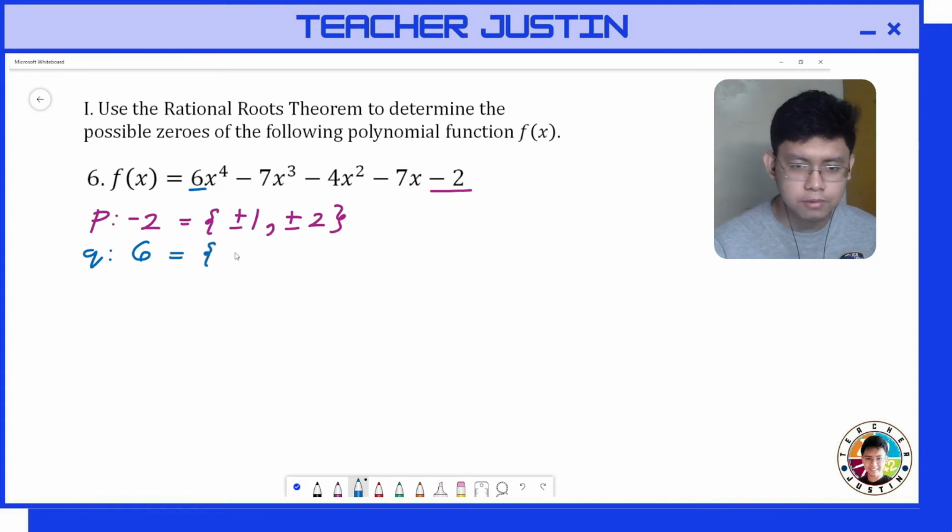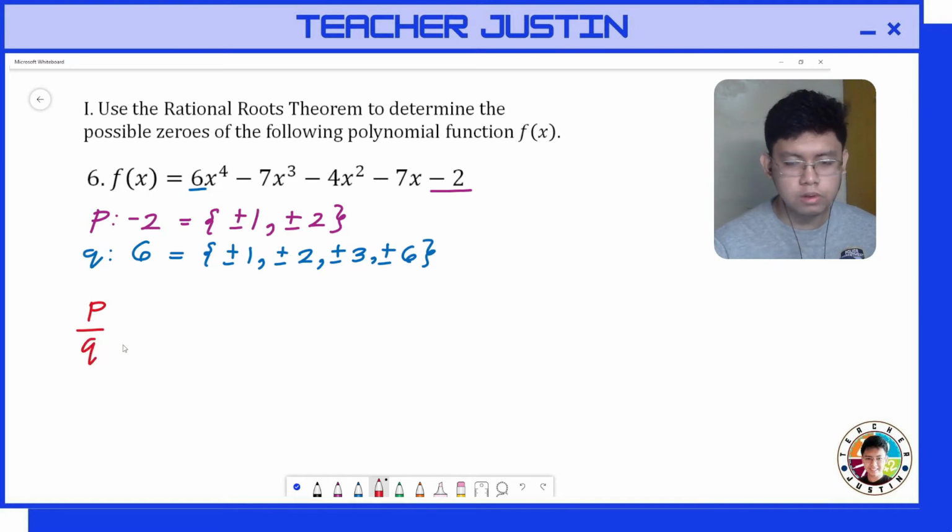We have ±1, ±2, ±3, and ±6. Next, we have to find the value of p over q. So, p over q will give us the possible zeros of our polynomial function. We will divide our factors of p by the factors of q.